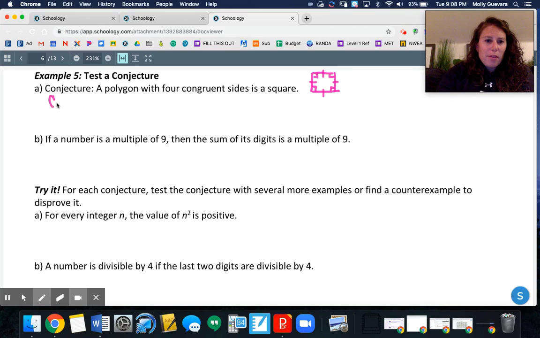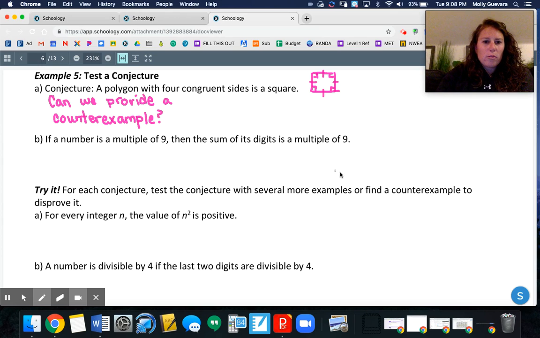But can we provide a counterexample? Can we think of a 4-sided shape where all 4 sides are the same, but it's not a square?